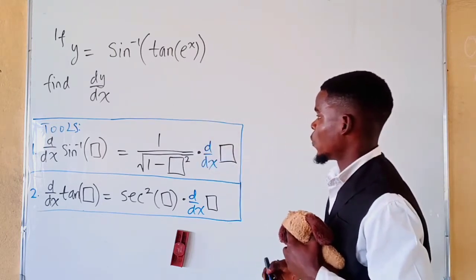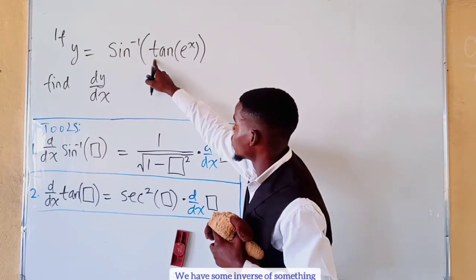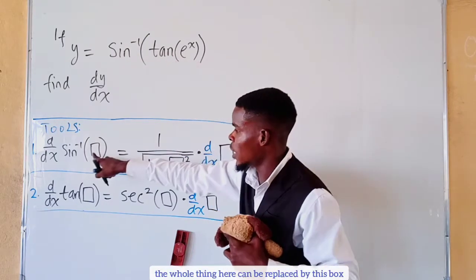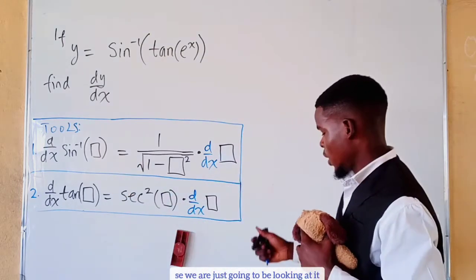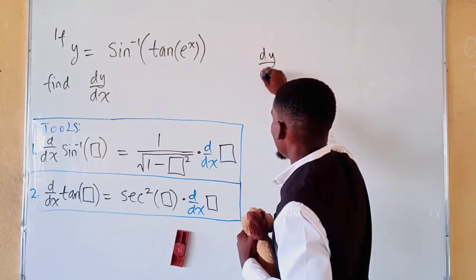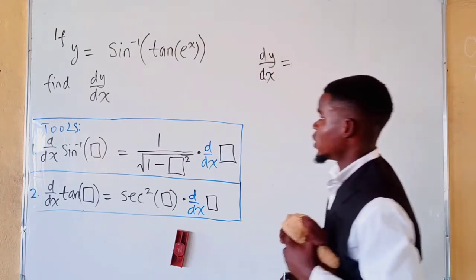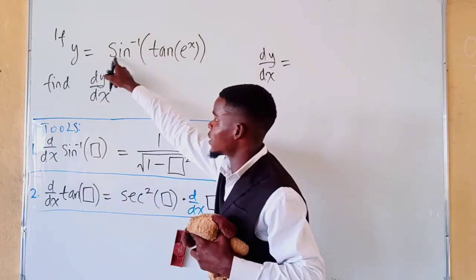So for the first tool, we have sine inverse of something, and the whole thing here can be replaced by this box. The first function we encounter is sine inverse.